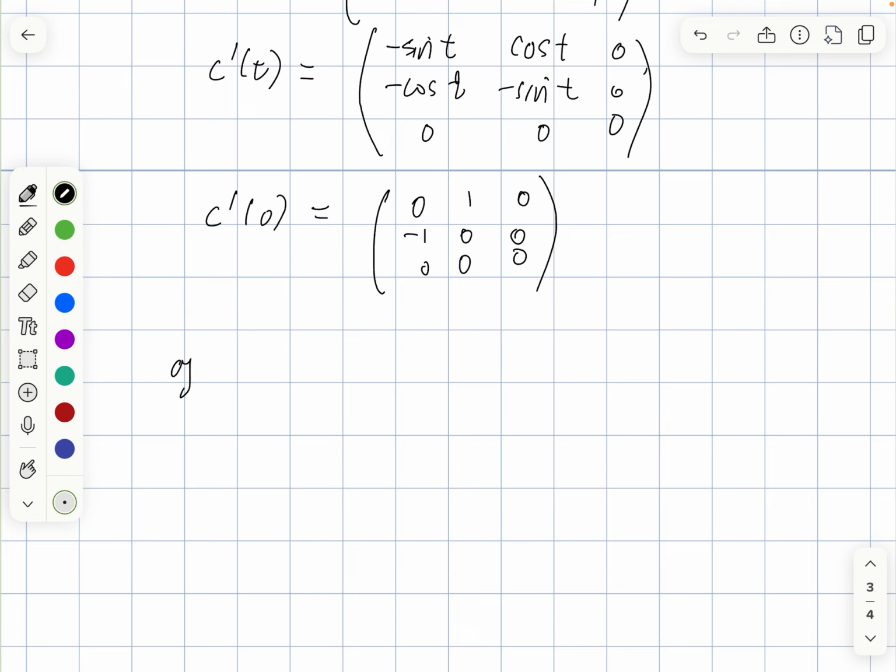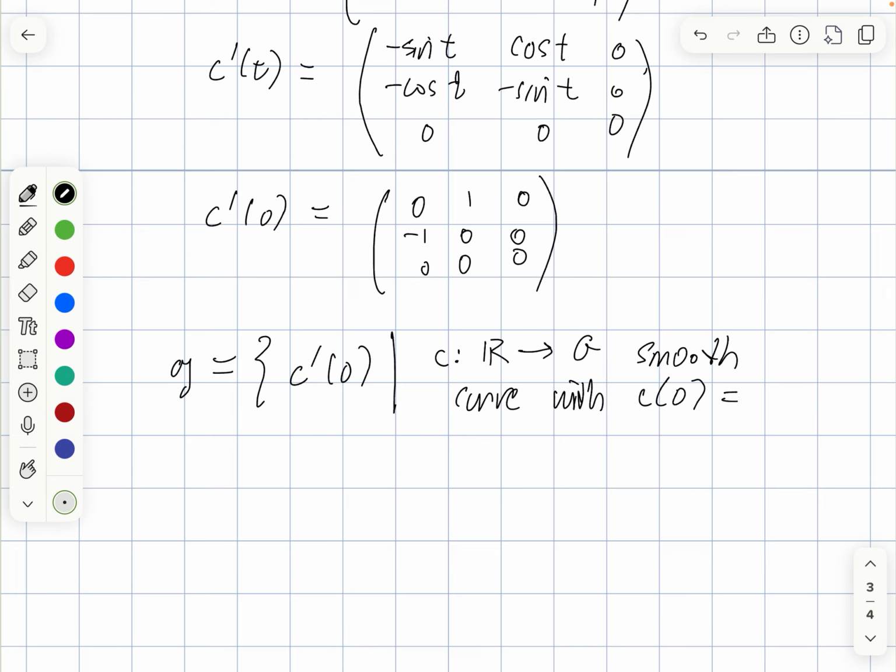And that's written as this Gothic G. So this is defined to be the collection of all matrices of the form C prime of 0, where C, going from R to G, is a smooth curve with C of 0 equals 1, 1 being the identity in G. And we'll take a look at the structure of this collection of matrices in a future video.